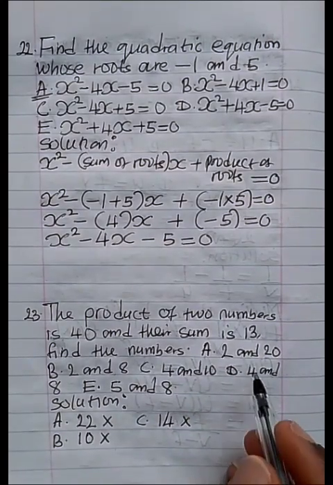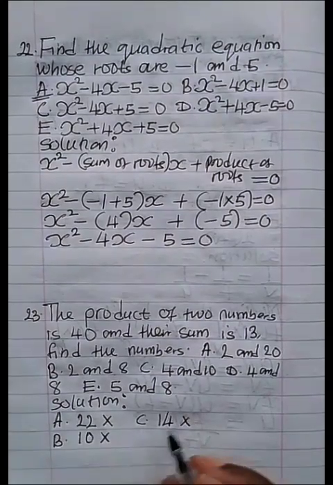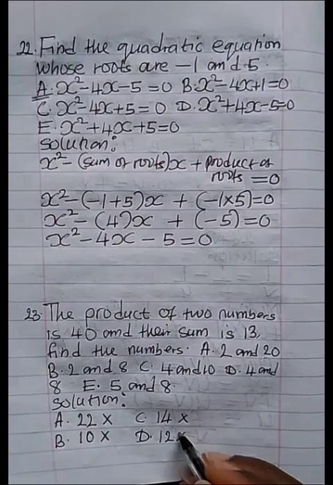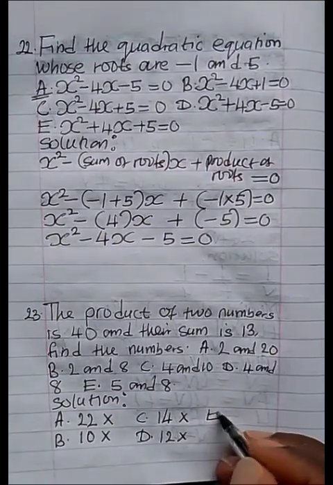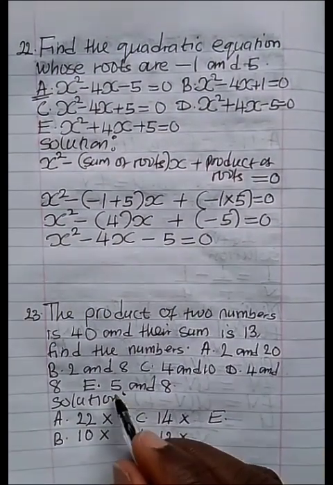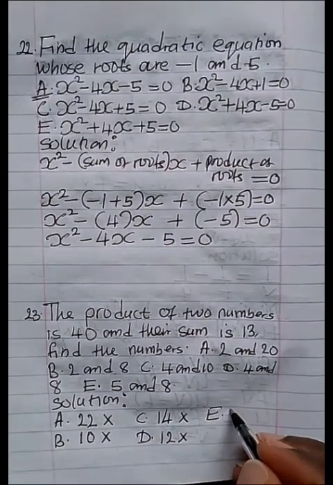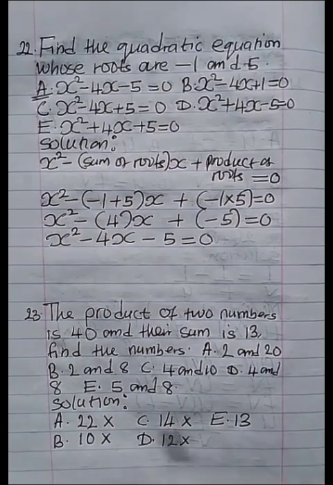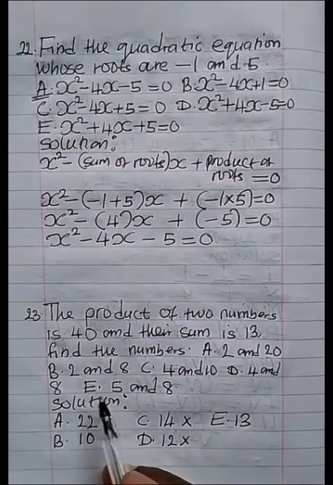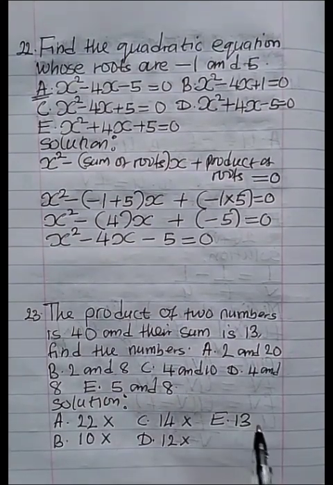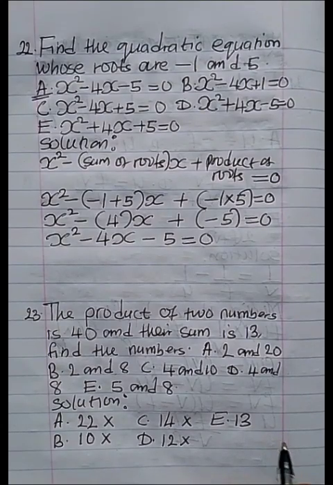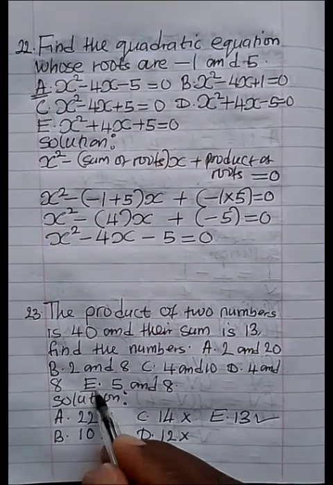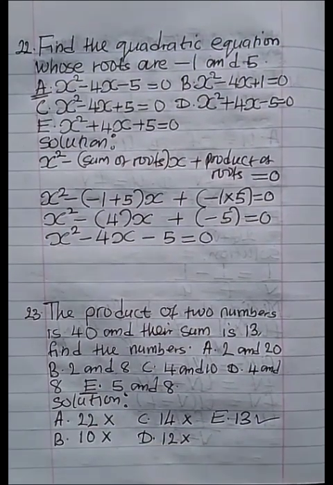Option D, 4 plus 8, that is 12, not 13. We move to option E, 5 plus 8, that is 13. Now, let's get the product. 5 times 8, that is 40. So, the correct option is E.